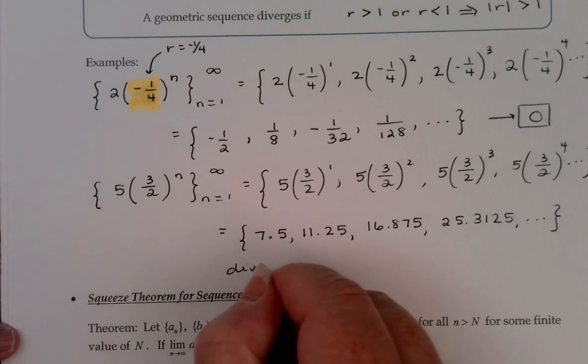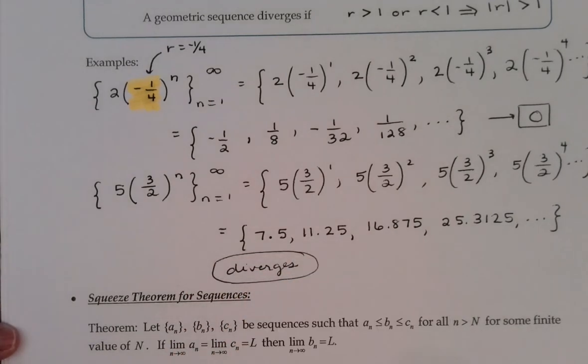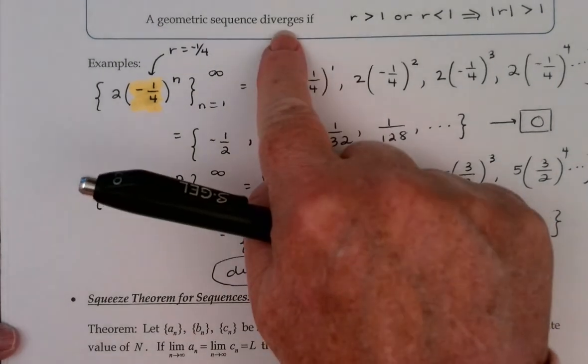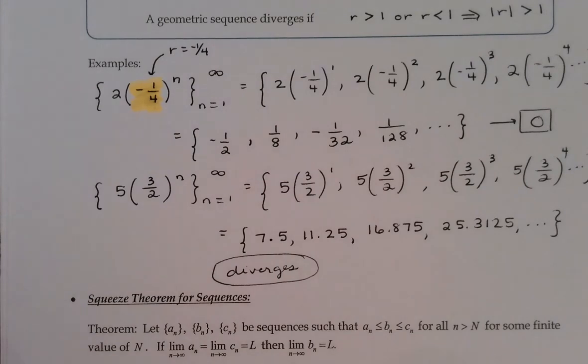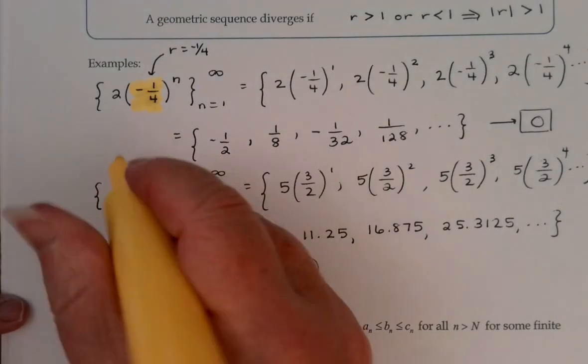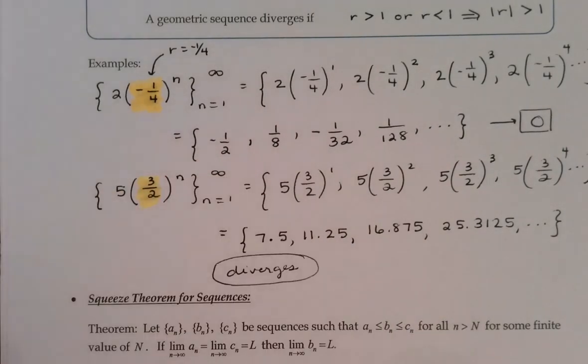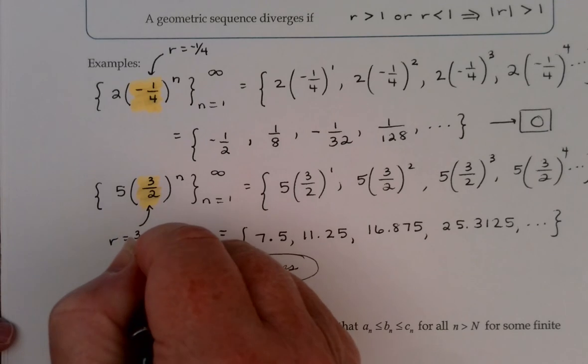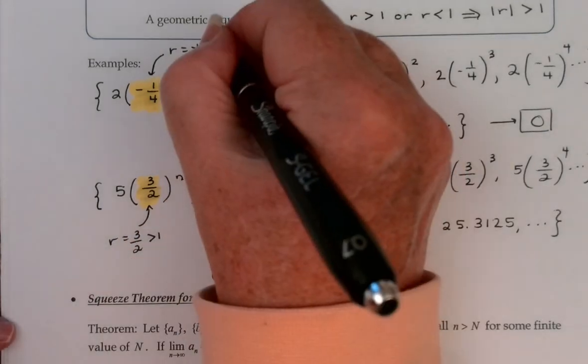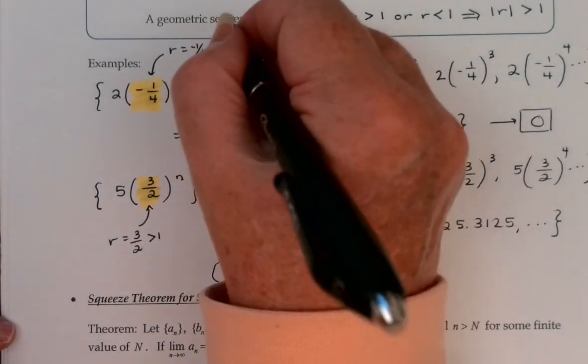So this one diverges. As advertised, right? Diverges. In this case, our r was the 3/2. So definitely our r was bigger than 1. This one was smaller than 1.